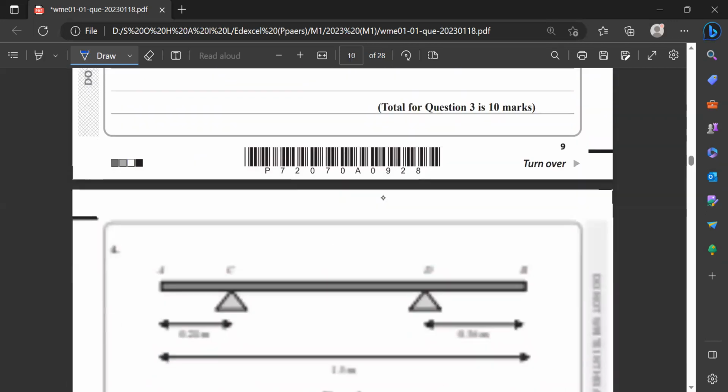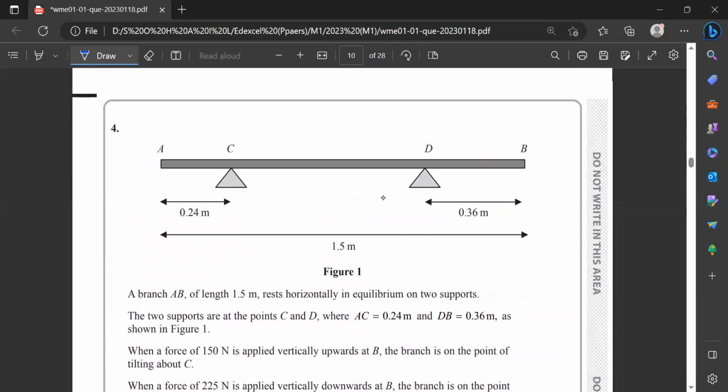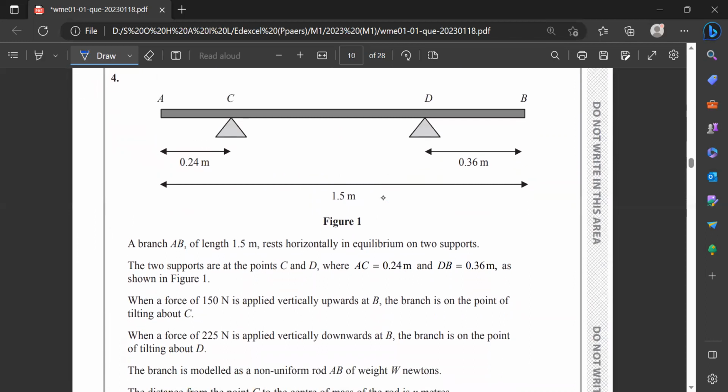Next is question number 4, an important question on moments. A branch AB of length 1.5 meters rests horizontally in equilibrium. I'm going to highlight the important points here.